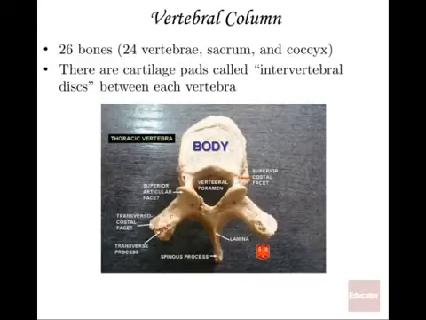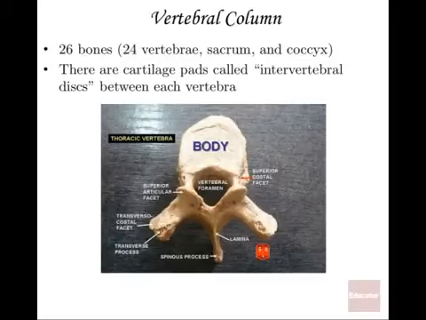The spinous process is the most posterior part, where the body would be the most anterior part. The spinous process, the most posterior or dorsal part, is what you see when someone bends over and you see those backbones. Sometimes they protrude slightly more on some people than others, but they attach a lot of back muscles.